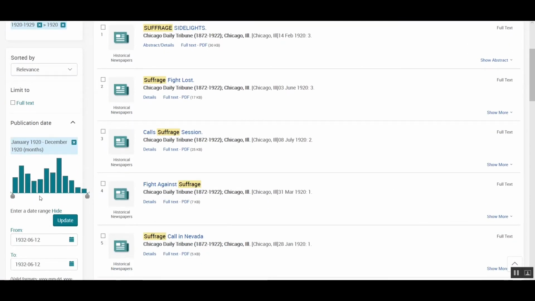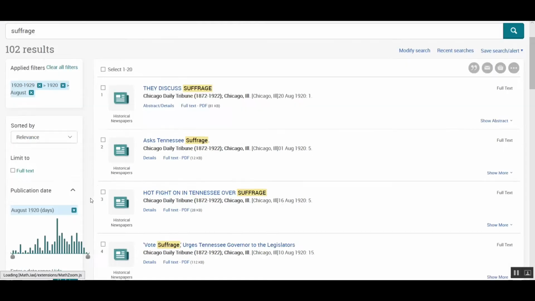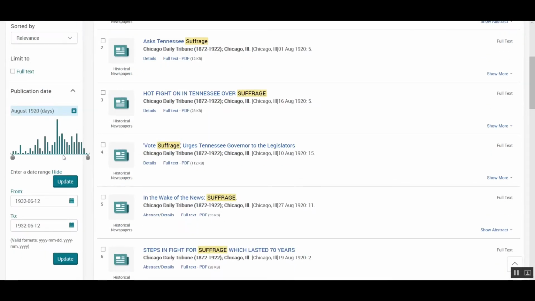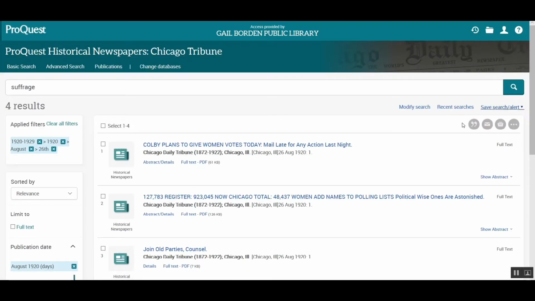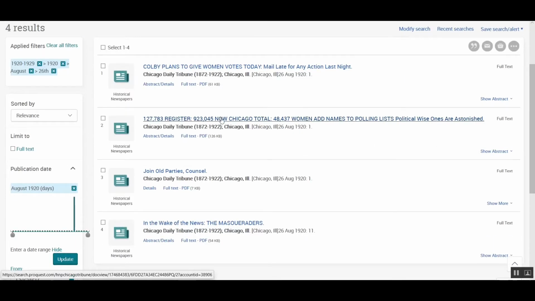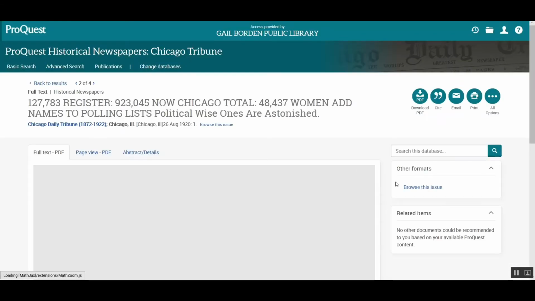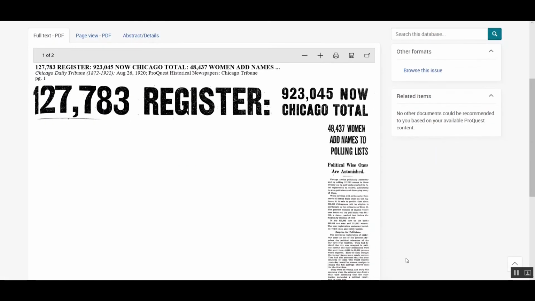I can also go down to August. And then I'm going to choose the 26th, which was when the amendment was passed. And here is the front page of the paper.